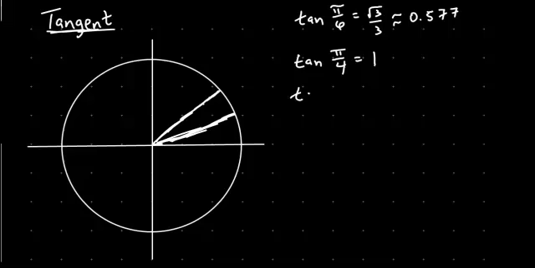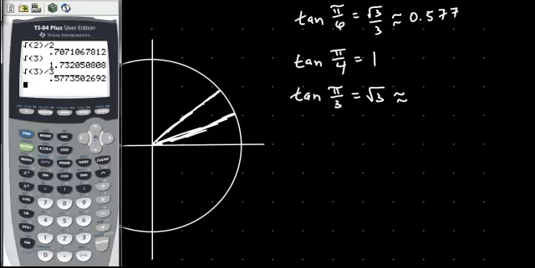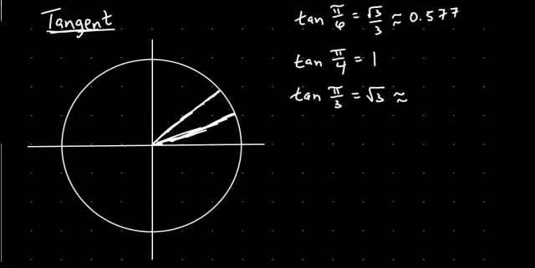We got the tangent of pi over 3 equaled root 3, and that is about 1.732. So the slope of that line, at theta equals pi over 3, is about 1.732.